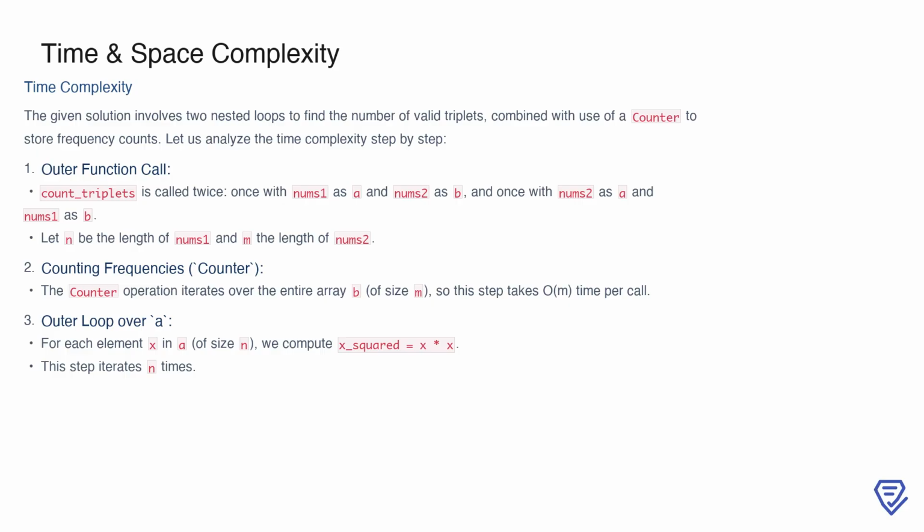Next, within each call, we use a counter to calculate the frequency of elements in the array B. Since this operation iterates over all m elements in B, it takes m time. Then, we move on to the outer loop, where we iterate over each element in the array A. For each of these n elements, we compute its square, x_squared, which is a straightforward O(1) operation. These steps set up the framework for the nested iteration, which we will examine next.